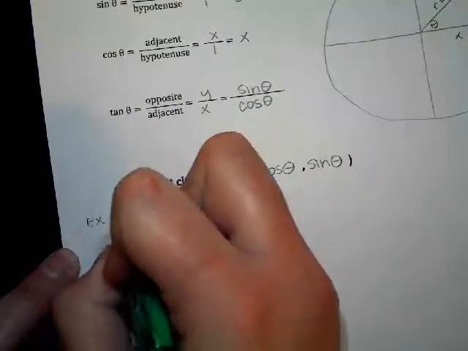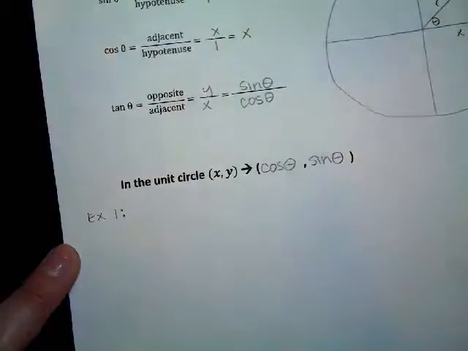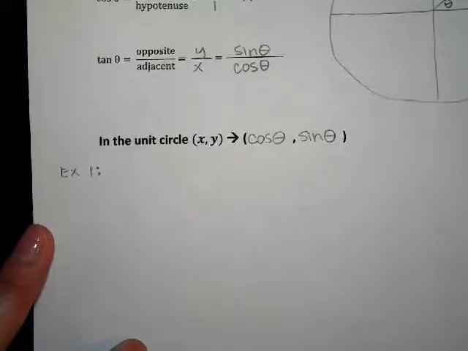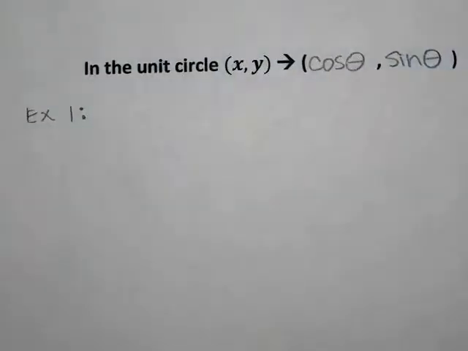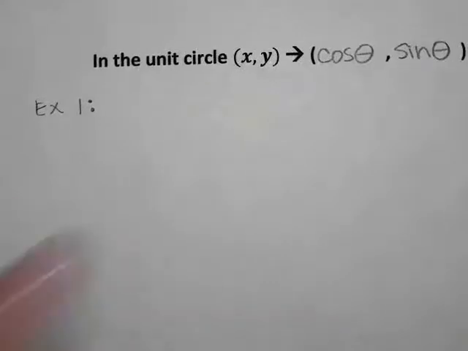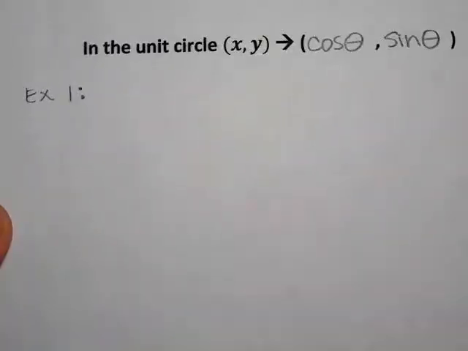Okay. So today is calculator free. That means you have to take your calculator and put it away. Bye-bye calculator. Okay. All right, so what we're going to do first is figure out, using only our unit circle, what cos of 45 degrees is.